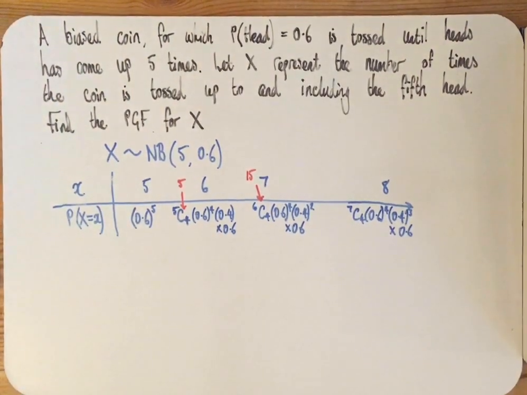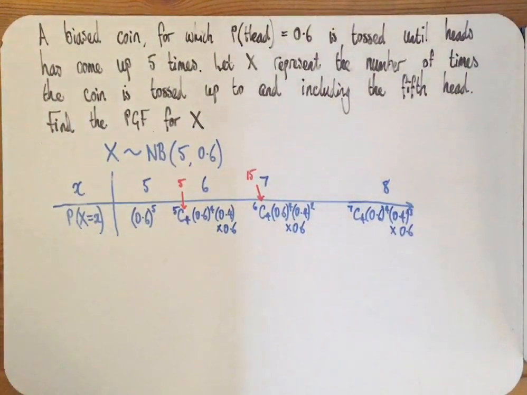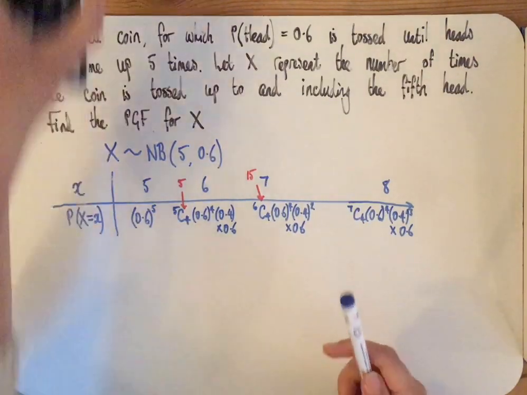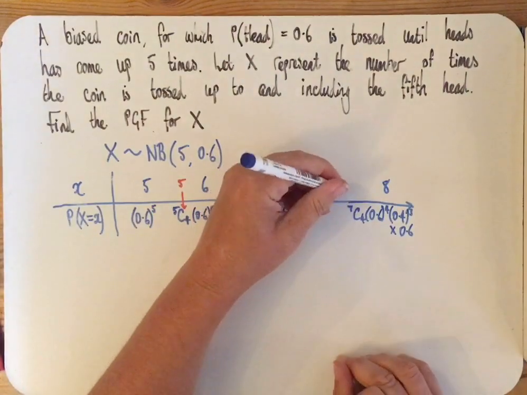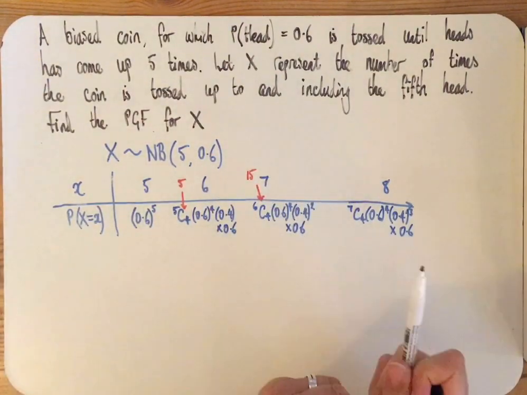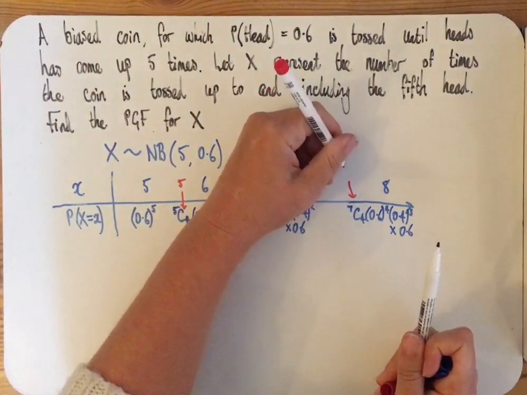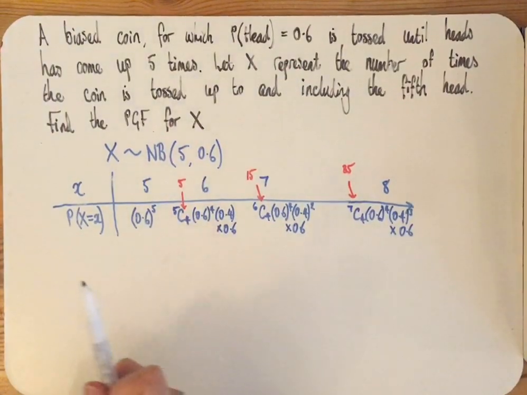That's handy. I might have to let you do that bit. Oh, here it is. 7 choose 4 is 35, which takes us to there.